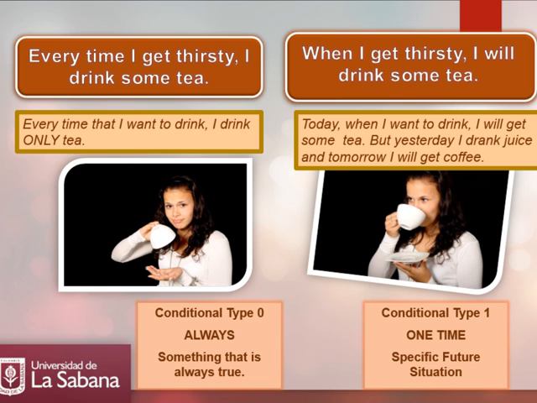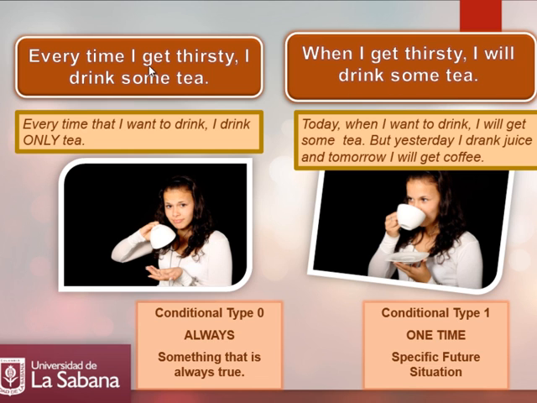But it doesn't mean that I always drink tea when I'm thirsty. When we are talking about a specific situation, not something that is always true, we use conditional type 1. Notice that the difference between these two types is only in the result clause, where we use the future simple tense instead of the present simple.